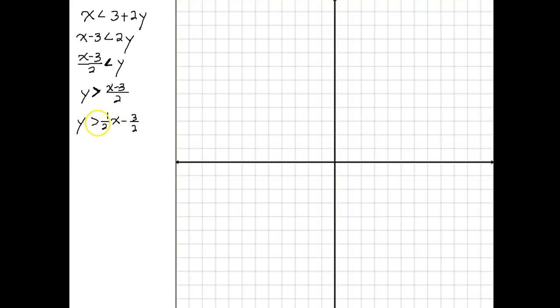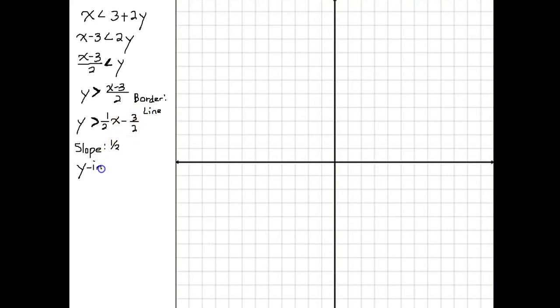Okay, so essentially you have a line here, except instead of an equals to, you have a greater than. So you're going to go ahead and graph the line, and that's going to be your border. In this one, the slope is 1/2. Let me just write real quickly. The border is a line. Slope is 1/2.